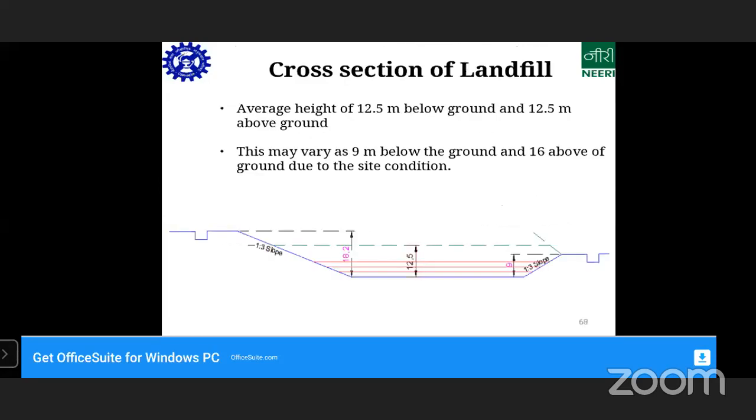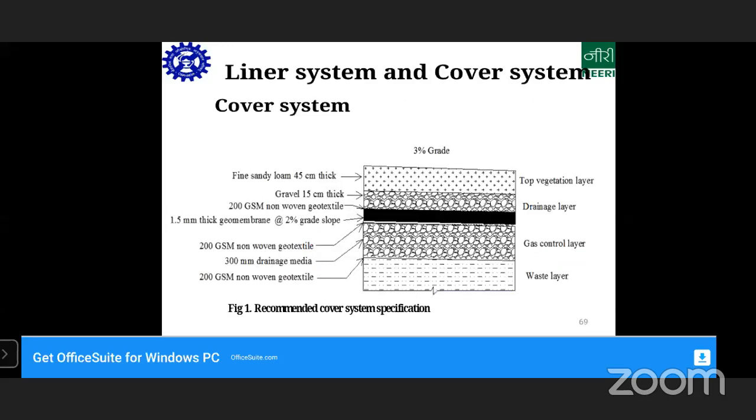Right. So this is a typical cross section. Normally it is constructed partly below the ground and partly above the ground. You go something like 12 or 13 meters below the ground, and again the same above the ground. This is a typical cover system I was talking about. The bottom is a waste layer, and on top of it you have different layers.